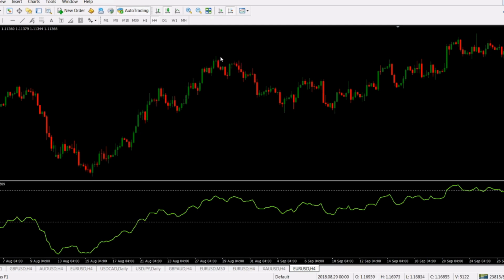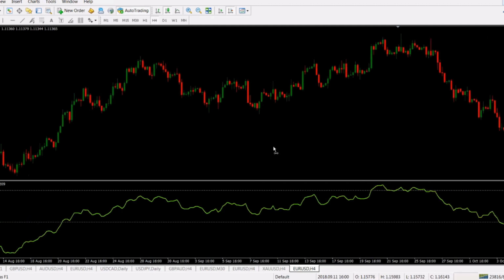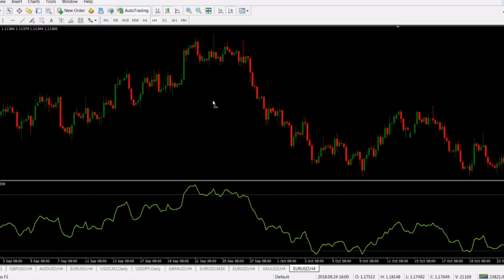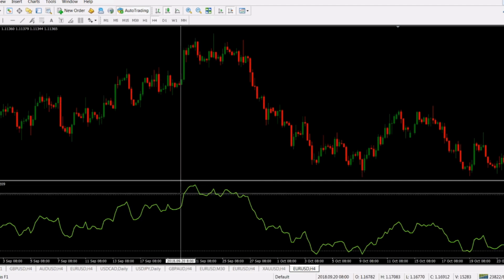So basically you can keep it till it crosses just over here. I'll show you. It started here and getting out should be somewhere in this area. I would go out probably here and wait for the signal for selling.